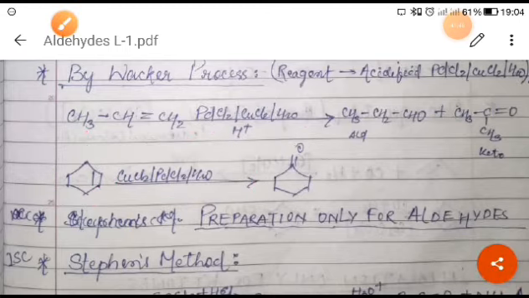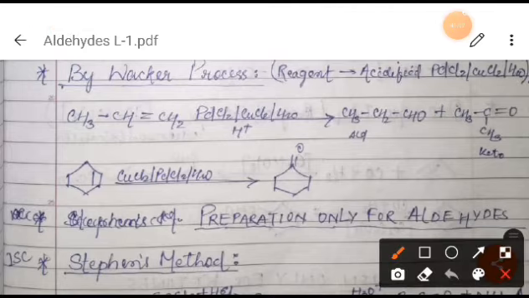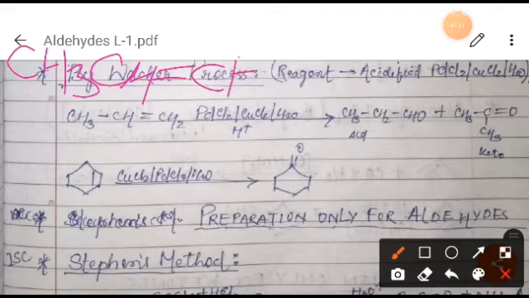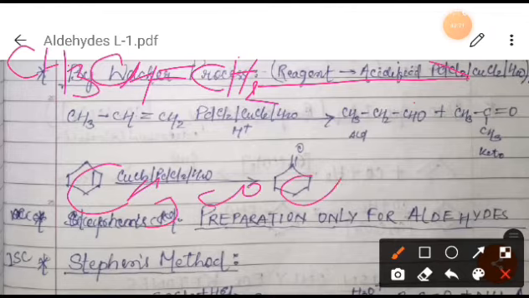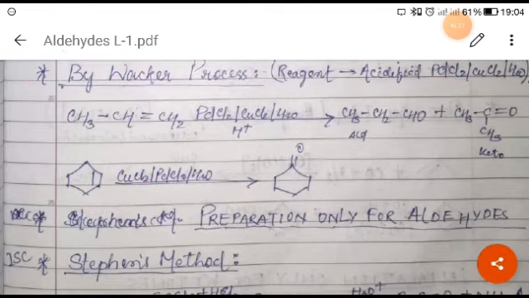Suppose we have propene, CH3-CH=CH2. In the presence of PdCl2, CuCl2 and H2O, it will give acetone, which is CH3COCH3, and Pd plus 2HCl will come out from the reaction.